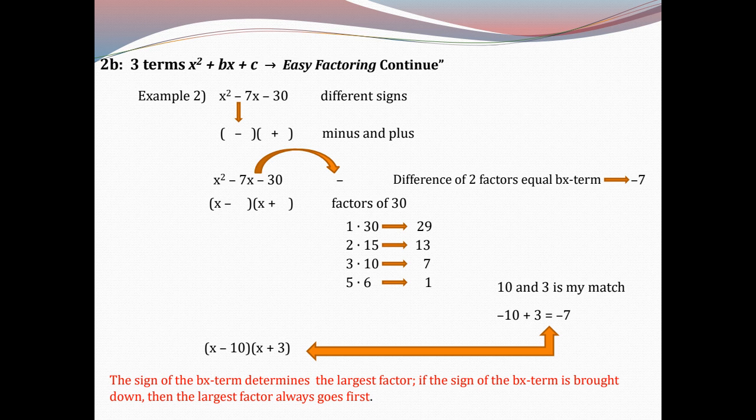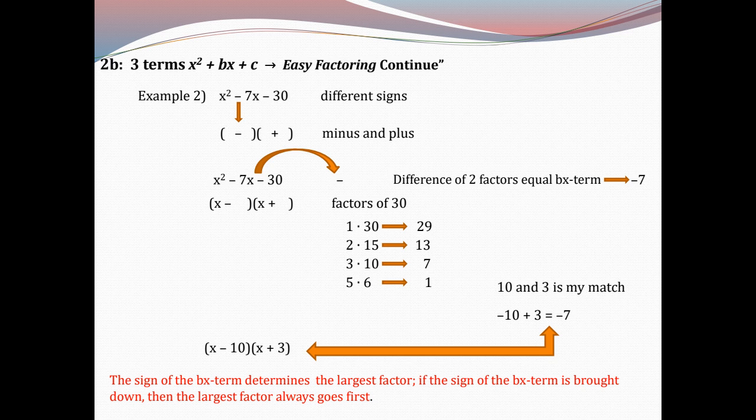I want to keep a negative 7. So the number that's going to have the negative sign is the larger number, the 10, right? So if I add negative 10 plus 3, that's going to give me negative 7. So the factorization becomes x minus 10 and x plus 3. Okay, so this is how we use some of our foundation of the GCFs to also factor these trinomials.